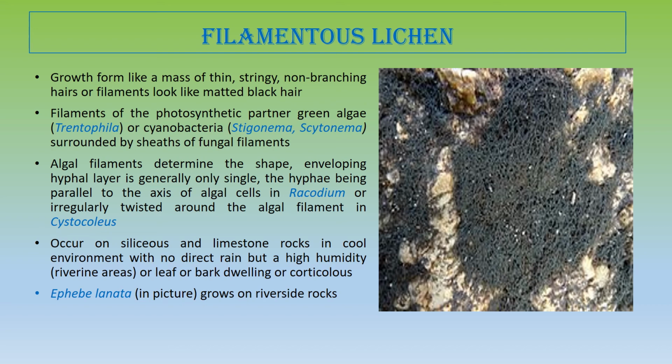The filamentous lichen grows on rocky as well as soil substrate, mostly basic, and they are present in areas which either get a high amount of rainfall or have high humidity, maybe the area surrounding the riverine region, or on shore rock, which gets water in the form of splashes from the waves.